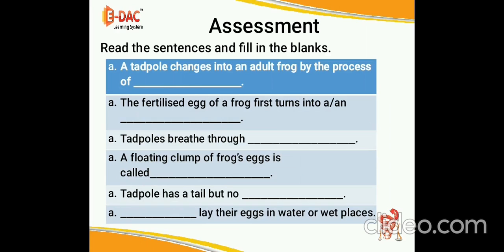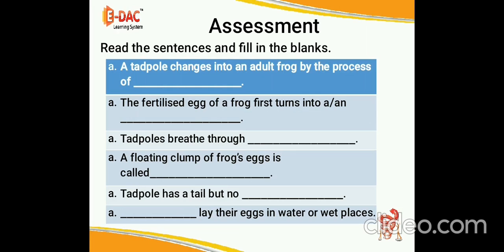Now, to check our knowledge, we have one more assessment in the form of fill in the blanks. First, a tadpole changes into an adult frog by the process of dash. Second, the fertilized egg of a frog turns into dash.